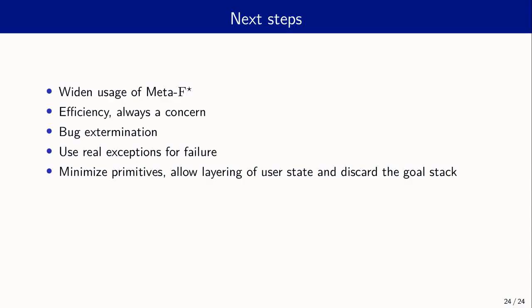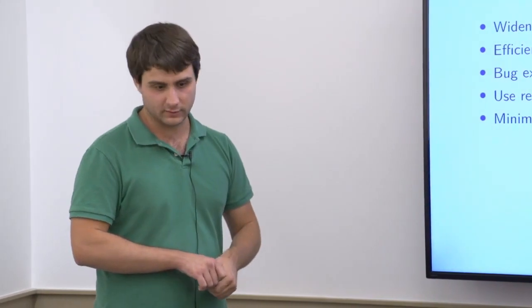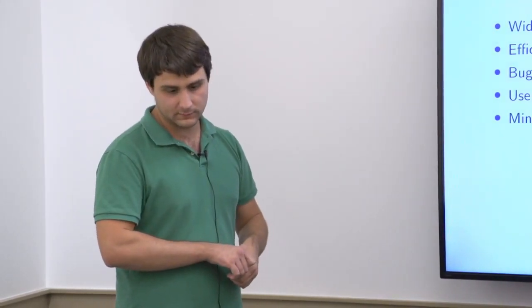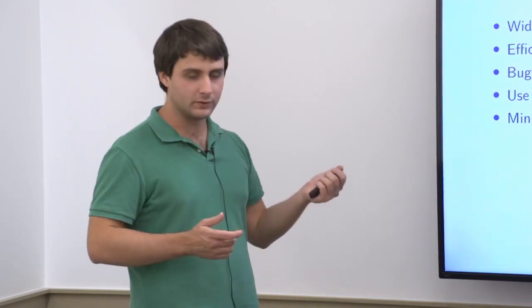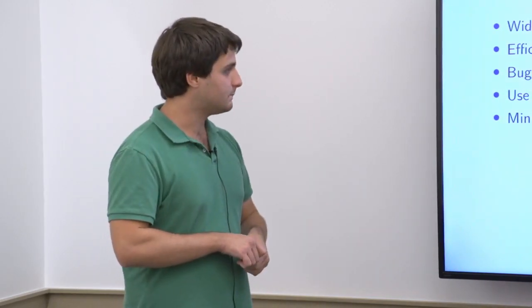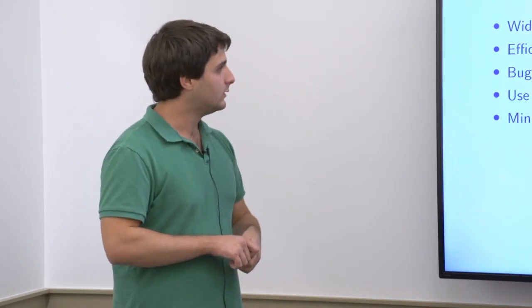So I think I'm getting done. The next steps that I see for this in the short future are to make usage of meta abstract tactics more widespread. It seems to be something that relatively few people are using. It should be more of a standard tool that you use.